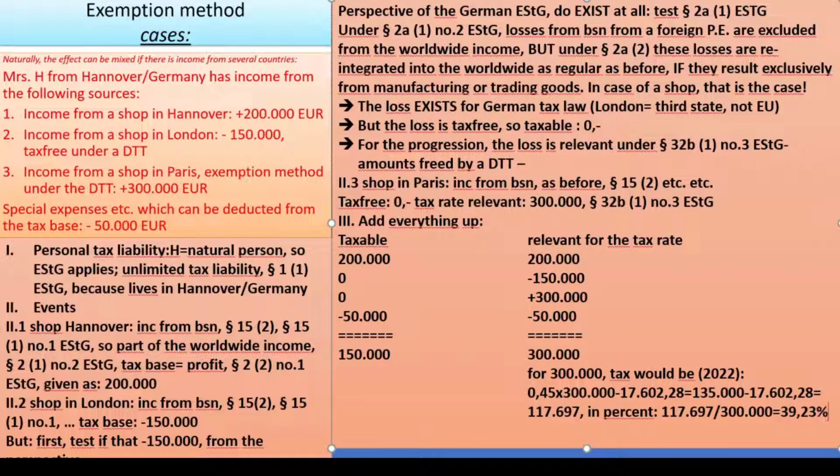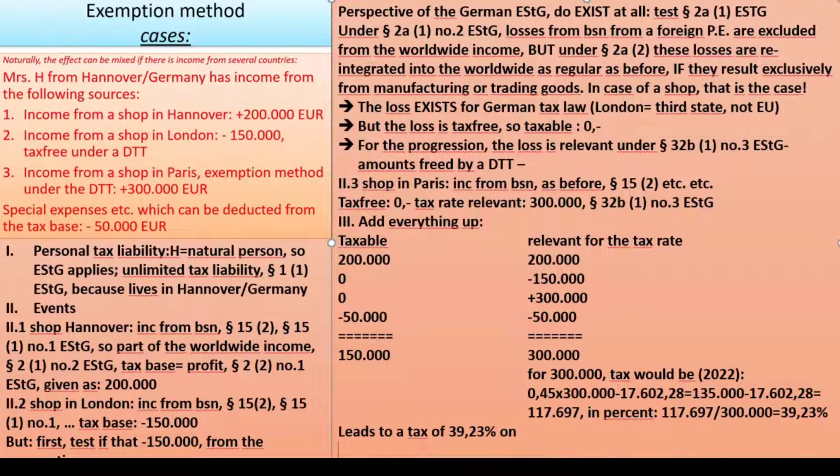Or let's round it this way, and it's better for the layout. And that leads to a tax of 39.23% on 150,000, and this is 58,848 and some cents, which are rounded down and vanish.